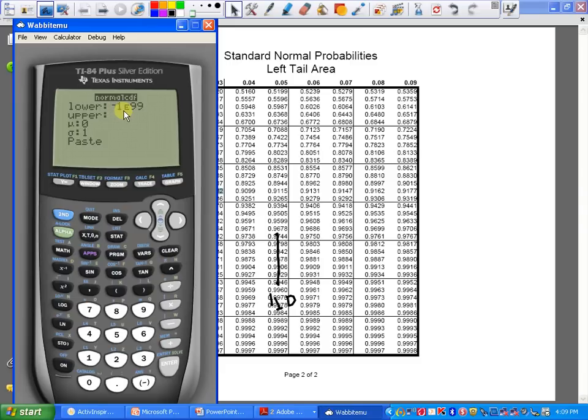The closest thing we have to negative infinity in our calculator is 10 to the 99th power, the negative value of that, which is just a very big negative number. The e comes from second, comma, which gives you e, and you just put 99 right after that. Now our upper limit here is 1.33.